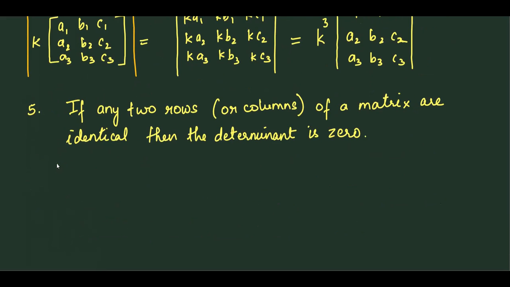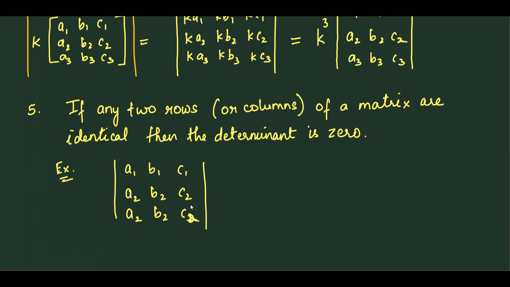The reason is very simple, because of the cofactors. For example, the determinant of A1, B1, C1, A2, B2, C2, and A2, B2, C2. They are identical rows. Now what happens when you do the cofactor expansion?